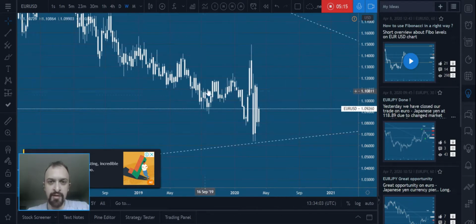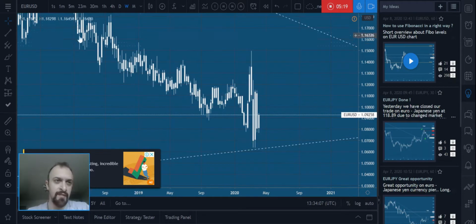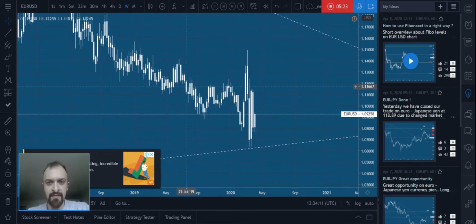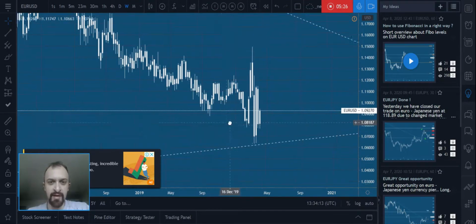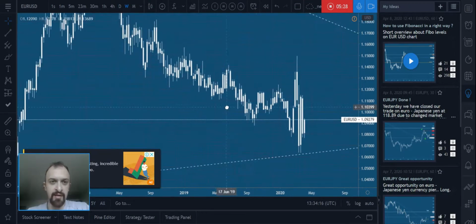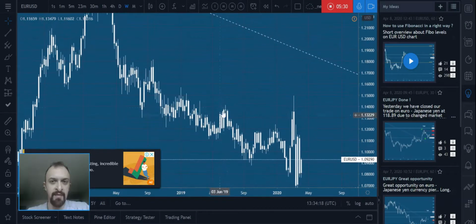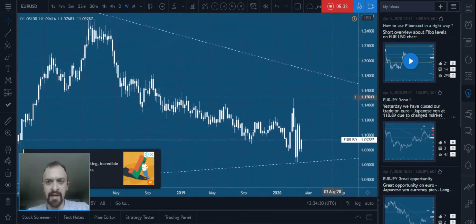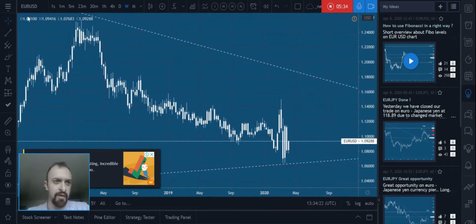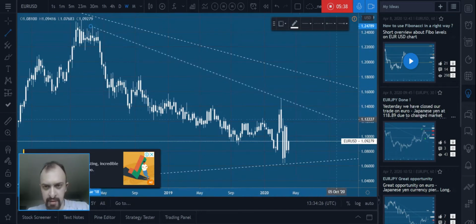On the weekly chart, I have some kind of brilliant pattern, if you know it. I see a very careful triangle here, the rising triangle. Also, I think I have other very crucial prices here.